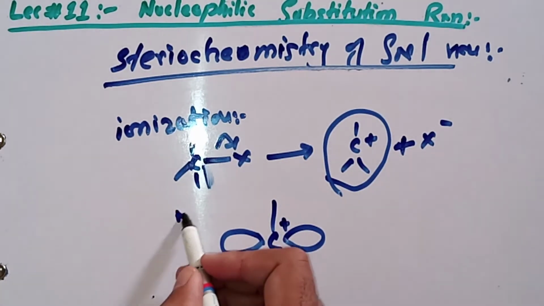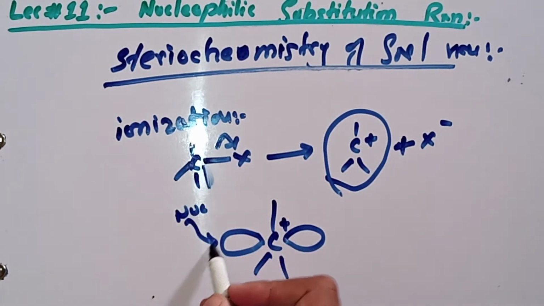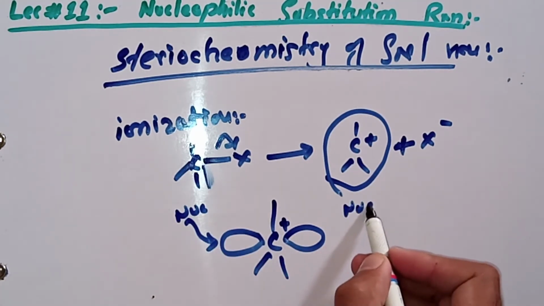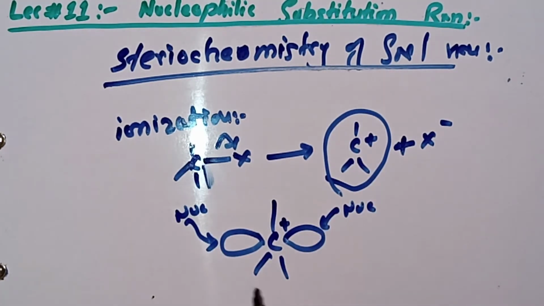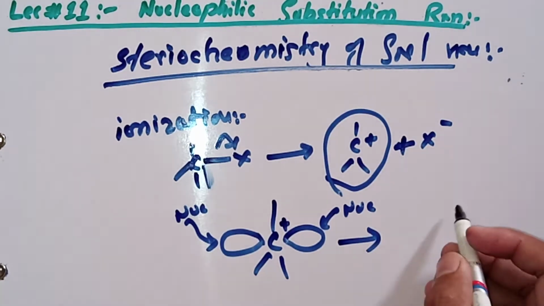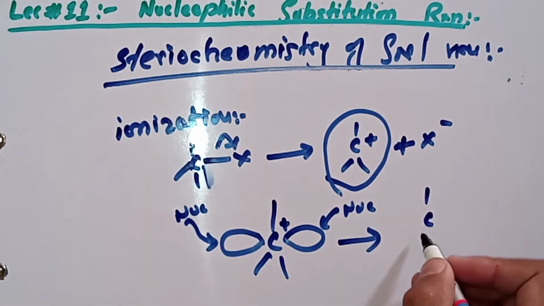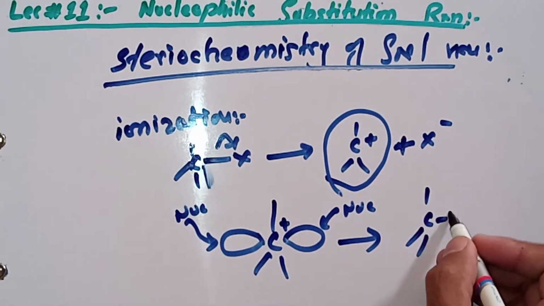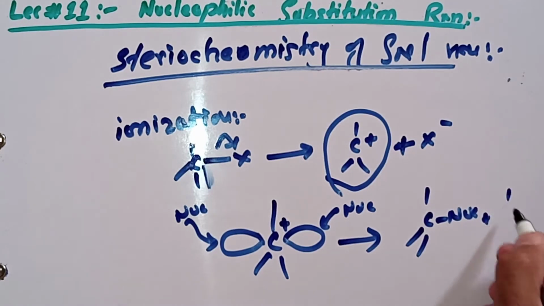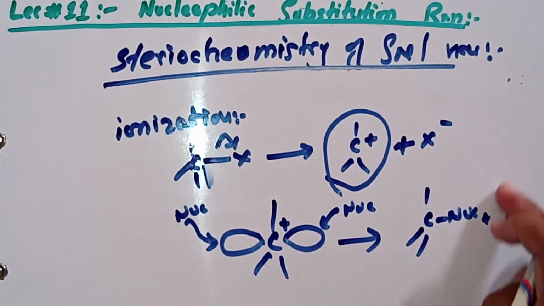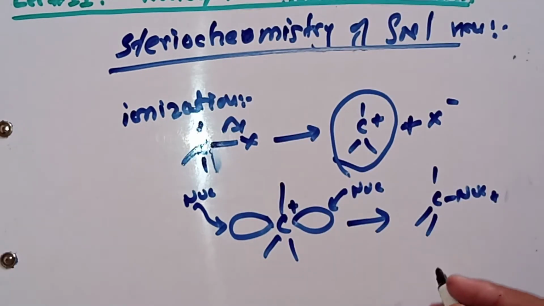So the nucleophile can attack from either side, from the left side or from the right side. That's why two possible products can be formed. One possible product will be like that, and another product will be like that, in which the nucleophile comes from this side.